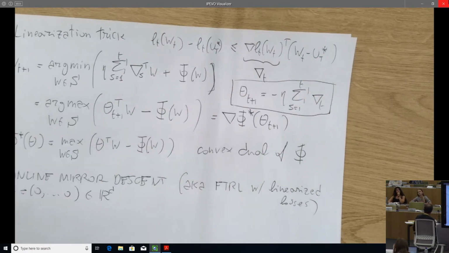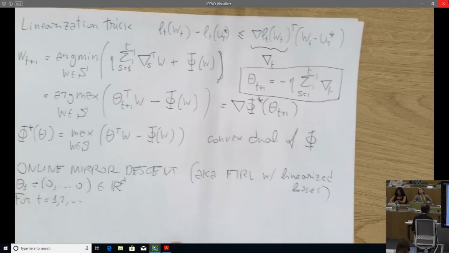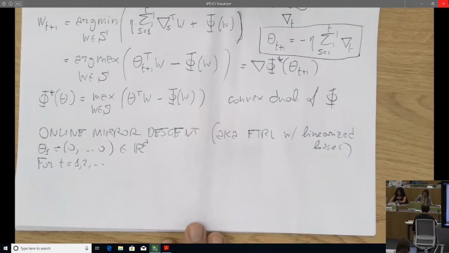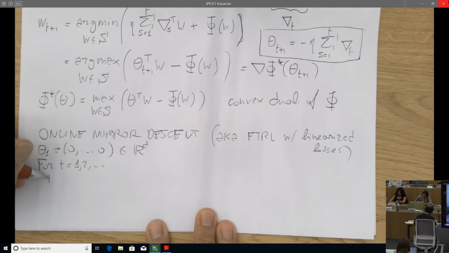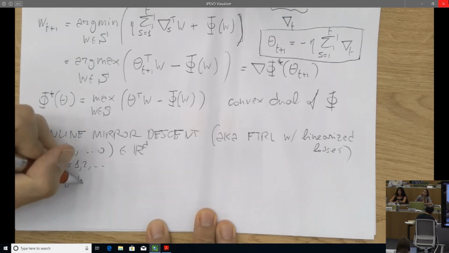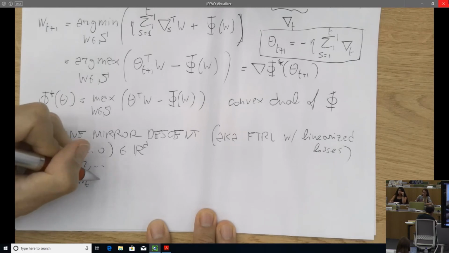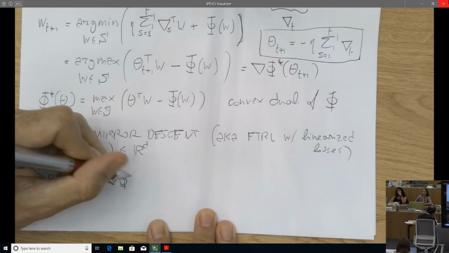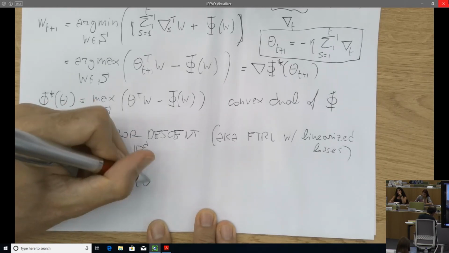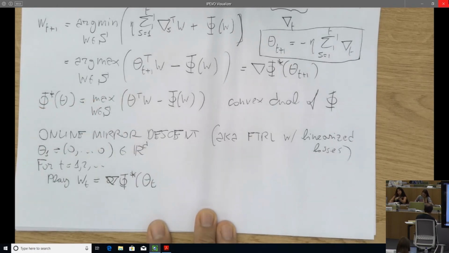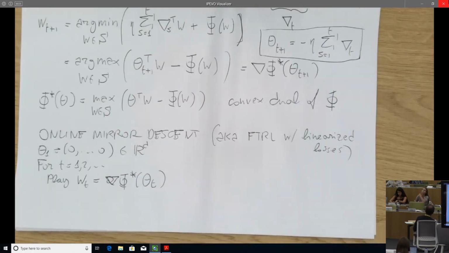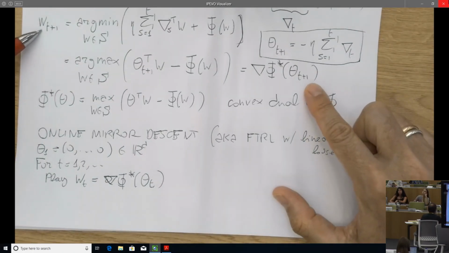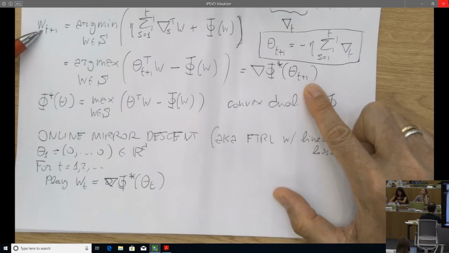We are in d dimensions. Now we play w_t equal to the gradient of the convex dual of our regularizer, evaluated at the accumulated gradient. This is what I wrote here. It should be consistent. Yes, it is.